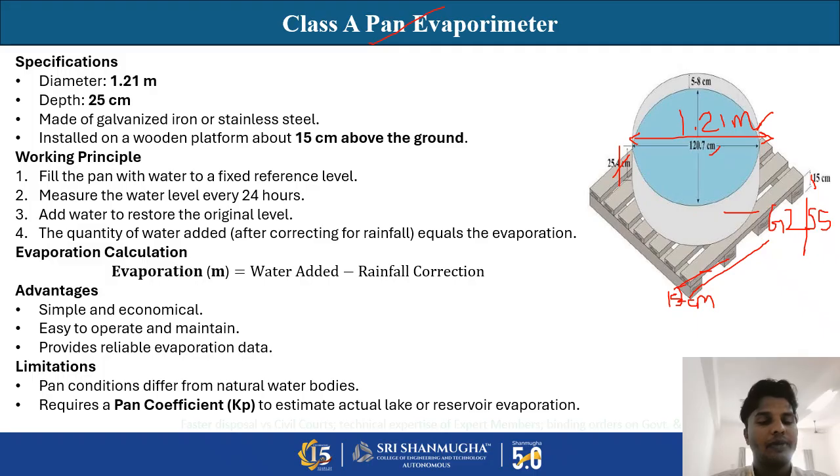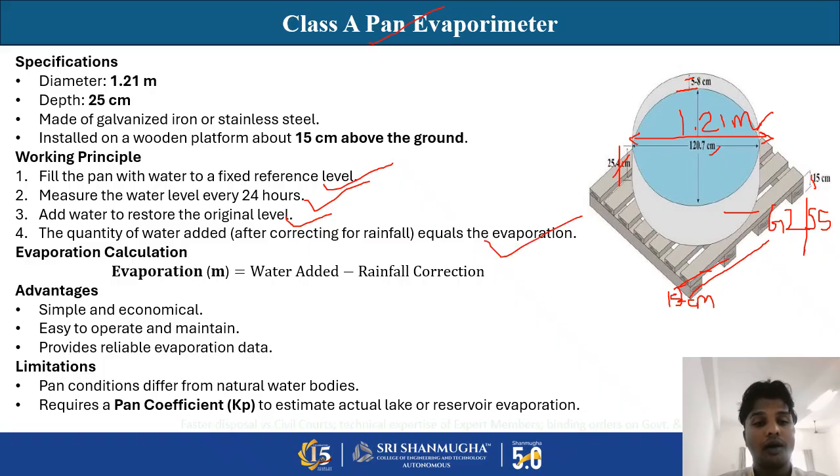Now the working principle. First we have to fill the pan with water to a fixed reference level. Measure the water level every 24 hours and add water to restore the original level. The quantity of water added equals the evaporation.